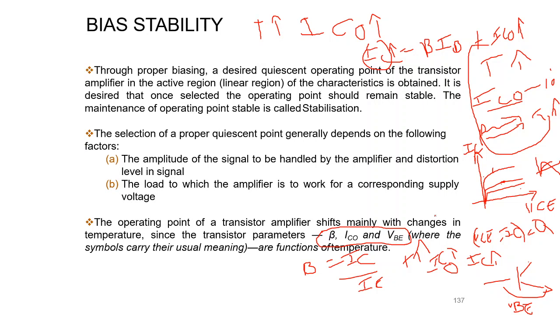By properly choosing supply voltages, resistance values, and considering parameters like beta, IC0 and VBE, which come under the category of stabilization purposes. The stabilization is nothing but fixing that Q point with respect to the coordinates.